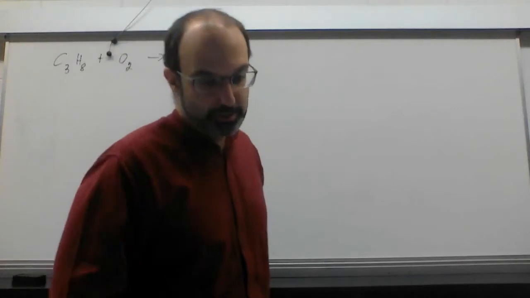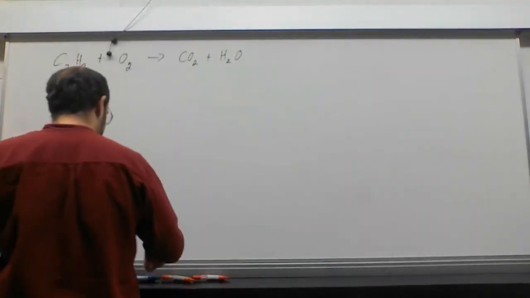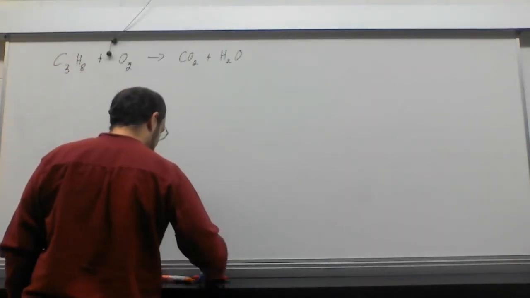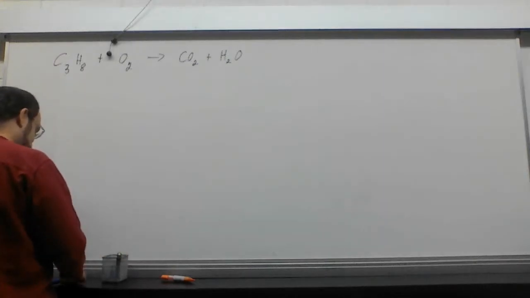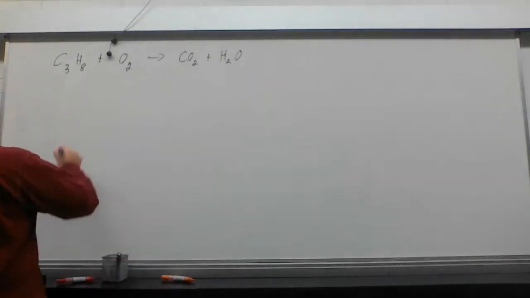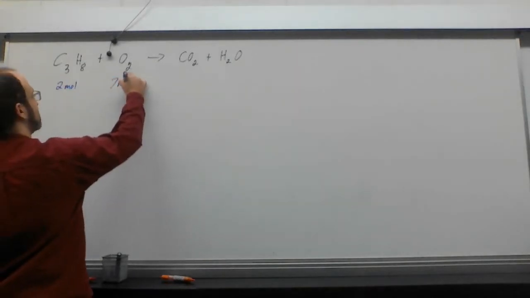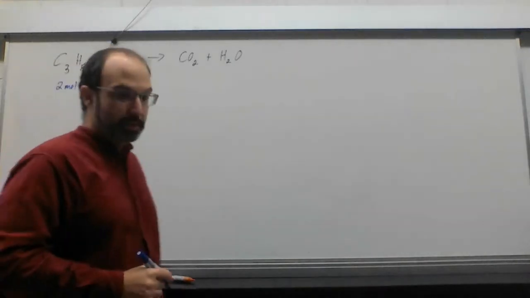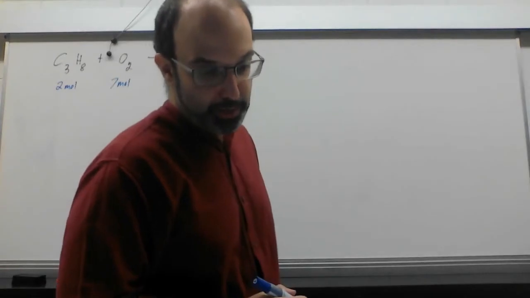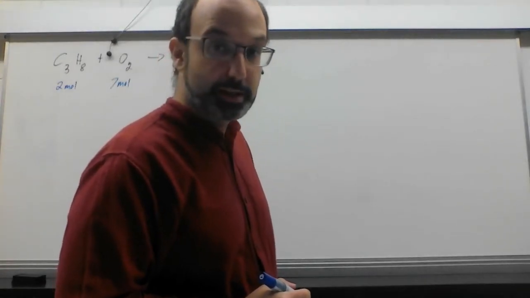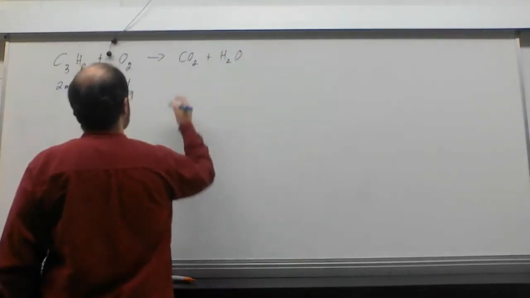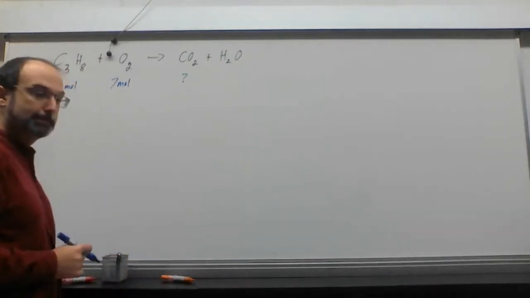And it tells us that we're going to have 2 moles of propane and 7 moles of oxygen. So we're going to have 2 moles of this and 7 moles of that. And the question further then says, how many moles of carbon dioxide do we make? Okay, so I want to know that.